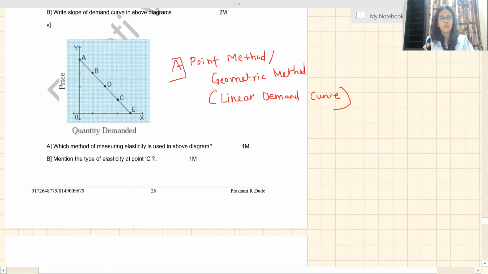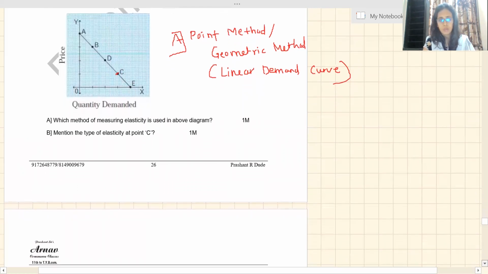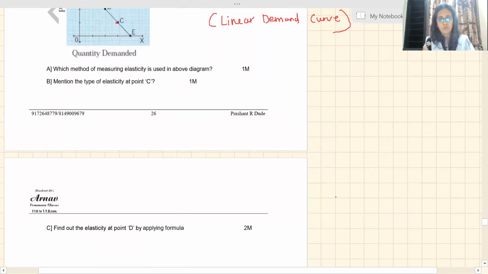Then mention the type of elasticity at point C. See, at point C, first of all, write down the formula. They have asked you one more question based on it, so we are going to write the formula first.